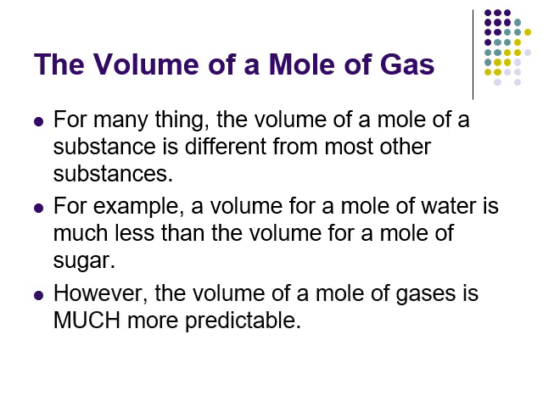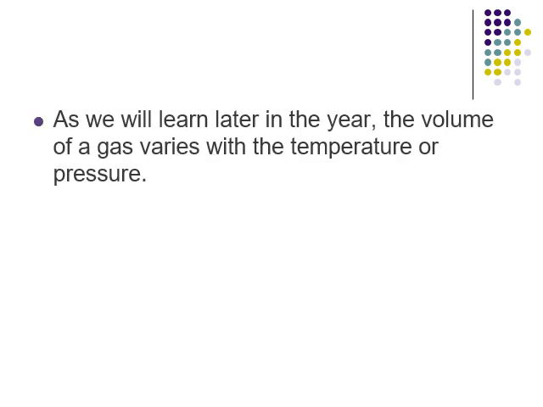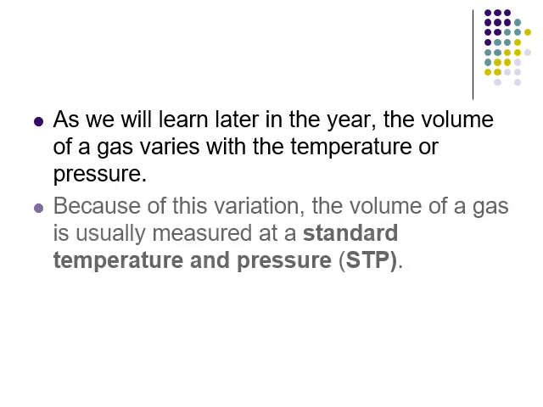But gases are much more predictable if we hold temperature and pressure constant. So anytime we talk about the volume of a gas at this juncture, we're working at what's considered STP, or standard temperature and pressure. Consider that to be the always dealing with kind of condition.